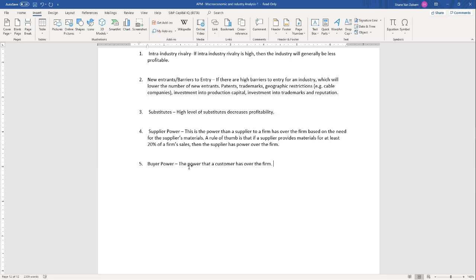Just like supplier power, if a single customer is responsible for at least 20% of a firm's sales, then the customer or the buyer has power over the firm.